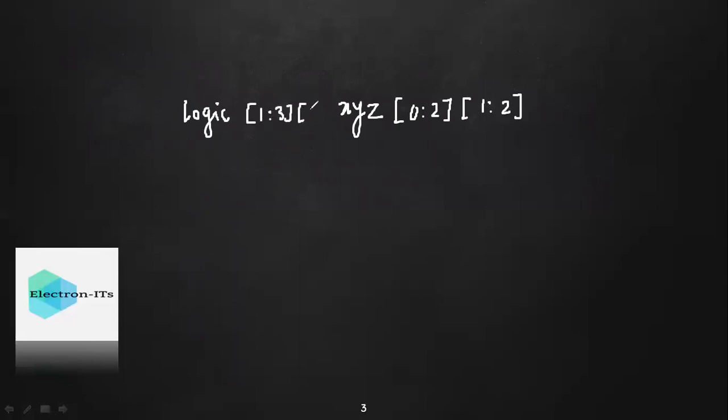Similarly, we have one more form where once again we'll write one example. So logic again, xyz, and here 0 to 2, then 1 to 2, 1 to 3, and 4 to 5. So this is the example.